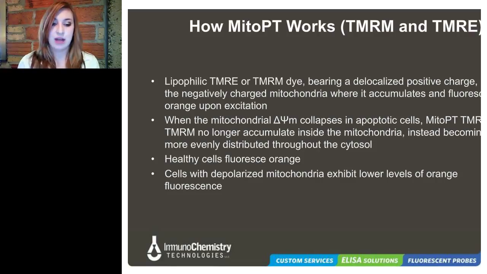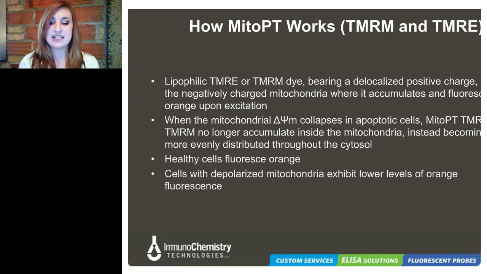And when the mitochondrial membrane collapses in apoptotic cells, the TMRE or TMRM dyes can no longer accumulate within those mitochondria, and then the dye disperses throughout the cells. The overall cellular fluorescence levels drop dramatically, and this event can be easily detected by monitoring the amount of emitted fluorescence, which can be done through a flow cytometer, plate reader, or fluorescence microscope.